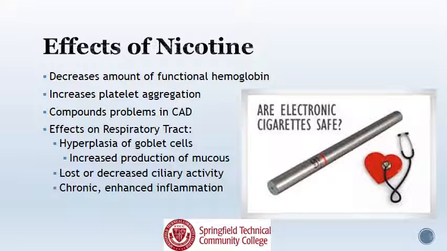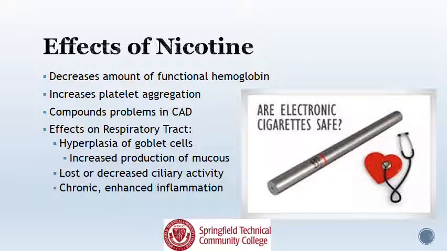It also has effects on the respiratory tract. It causes hyperplasia of the goblet cells, and goblet cells are responsible for creating that nice thin mucus that lines our airways and protects us from contaminants. When the goblet cells are enlarged, it increases production of mucus.